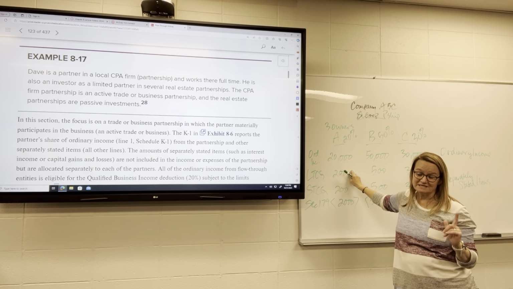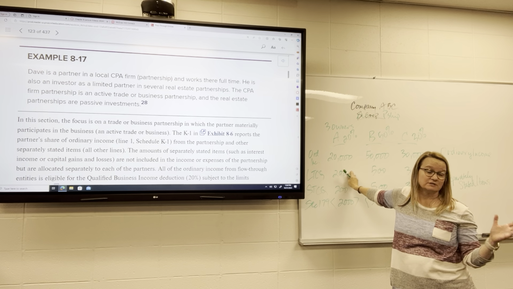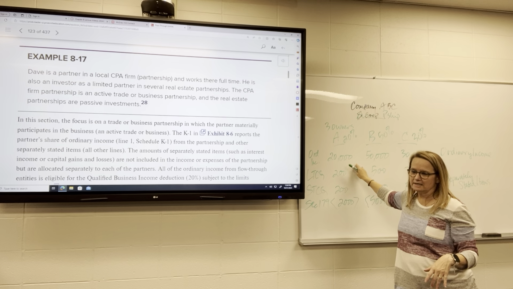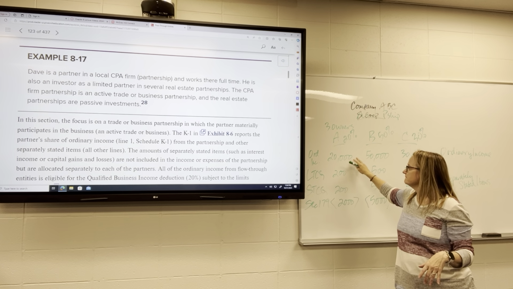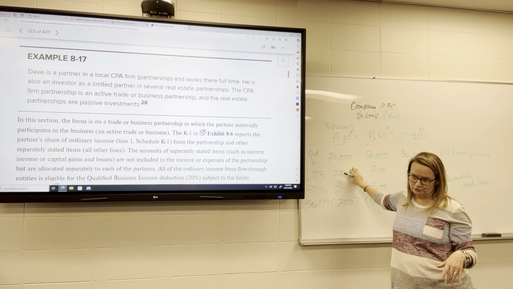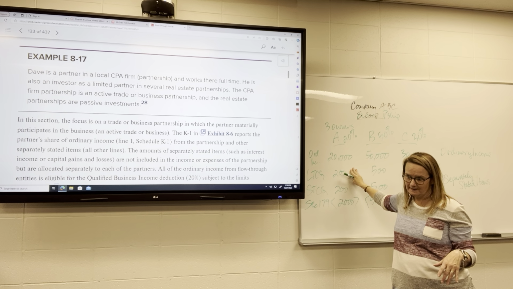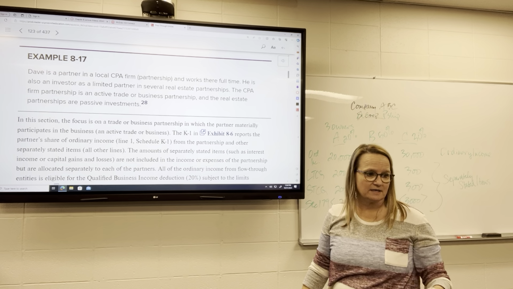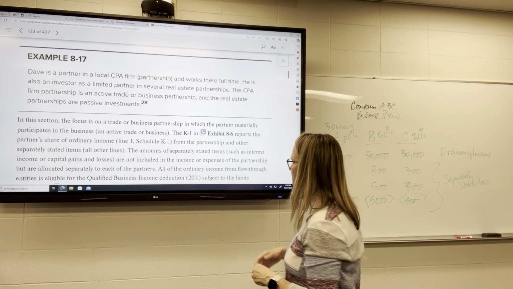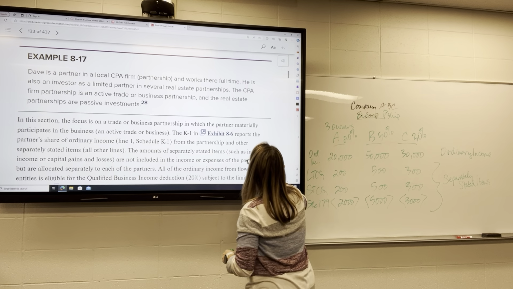So we're going to go back to basis again. Now I'm getting a little ahead of myself here because we're going to talk about this in chapter 14 more. But just to give you a preview, each partner has a basis in their partnership share, okay? And that is tracked on a continuous basis.